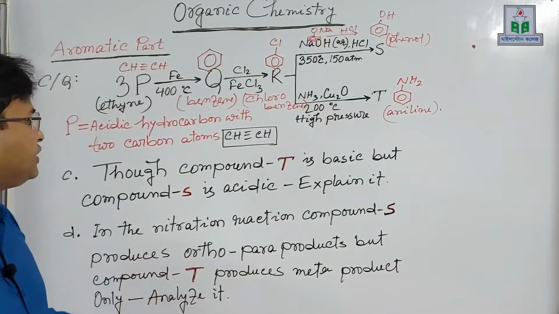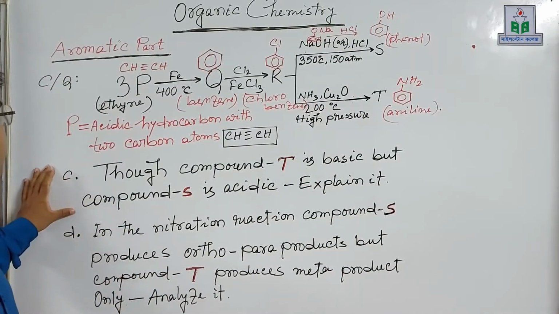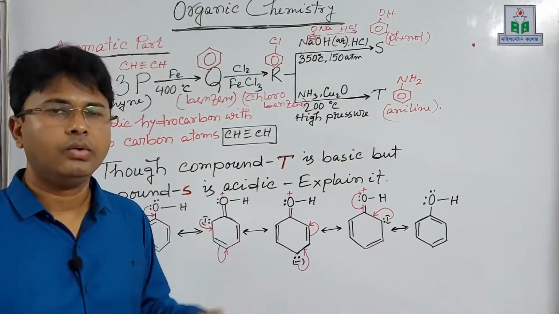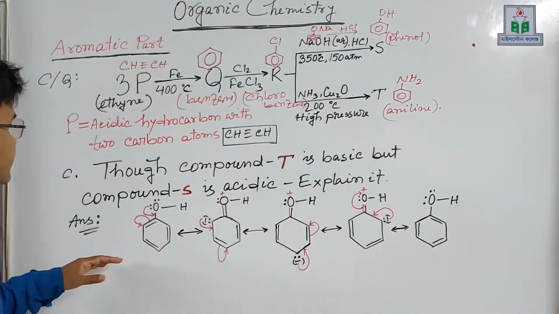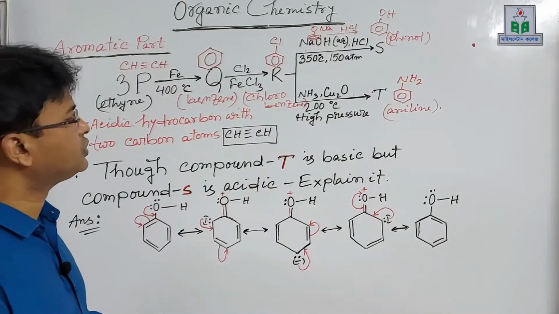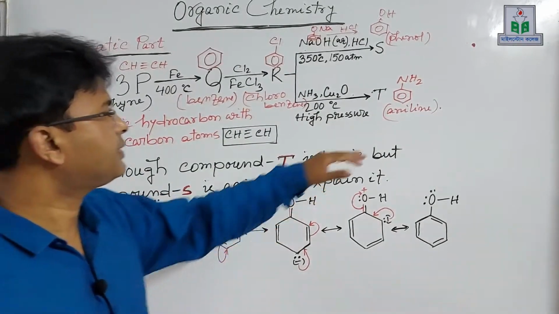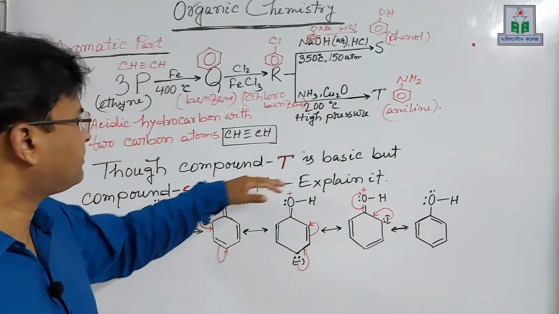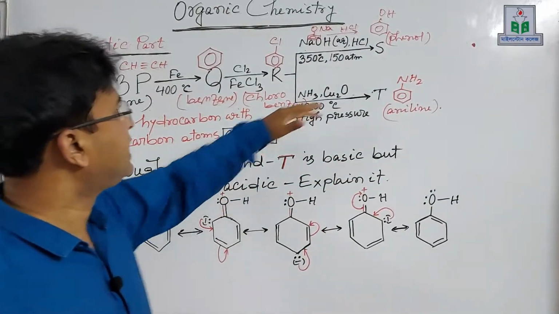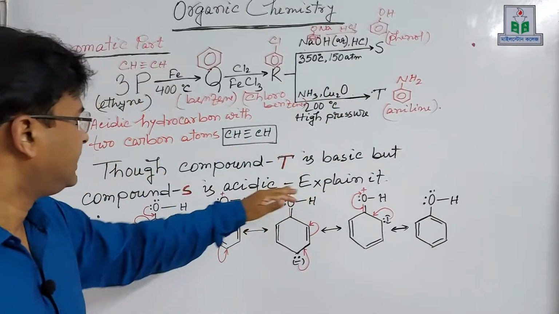Now I am going to describe the questions one by one. Now the question C. T compound, I have already told you, is aniline. T compound is basic, but phenol is acidic.